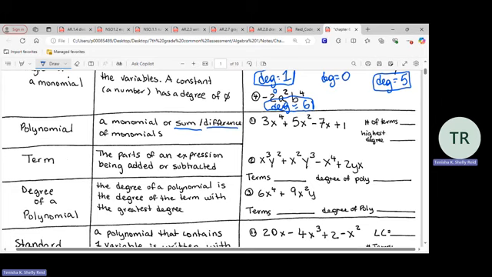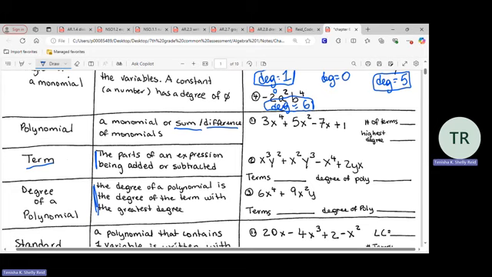When we have a polynomial, we're going to have terms. Terms are the part of an expression being added or subtracted. And I'm reading the vocabulary here. The degree of a polynomial is the degree of the term with the greatest degree.